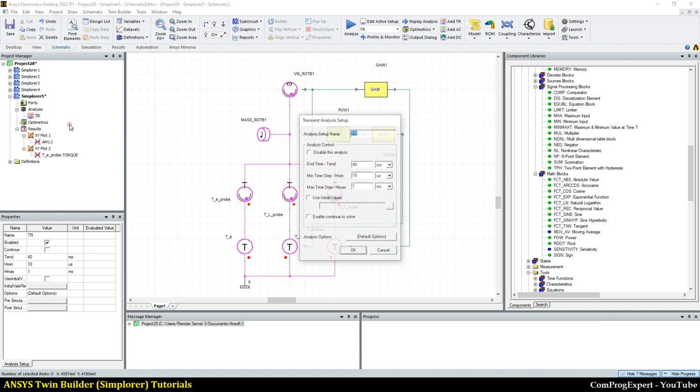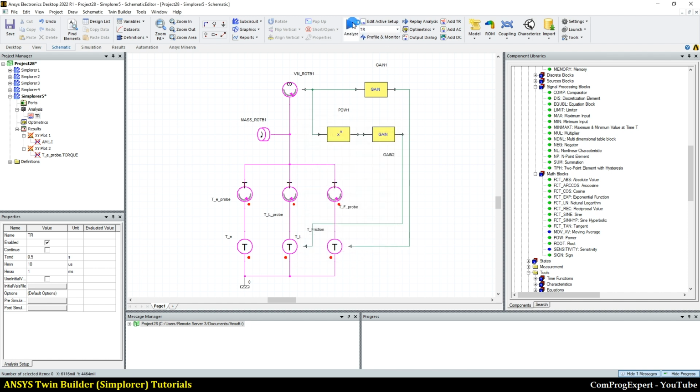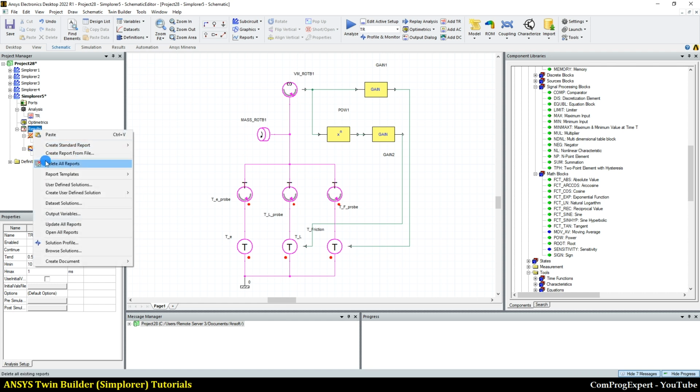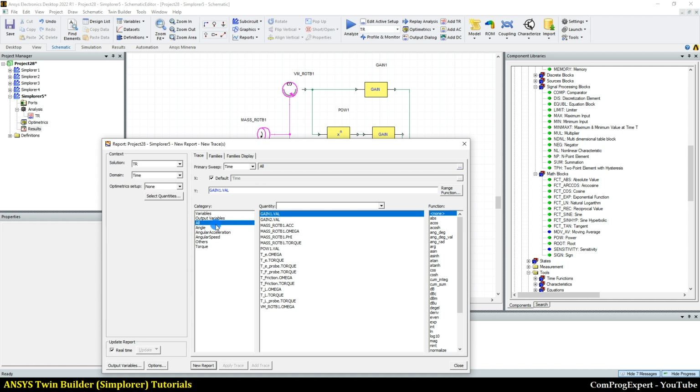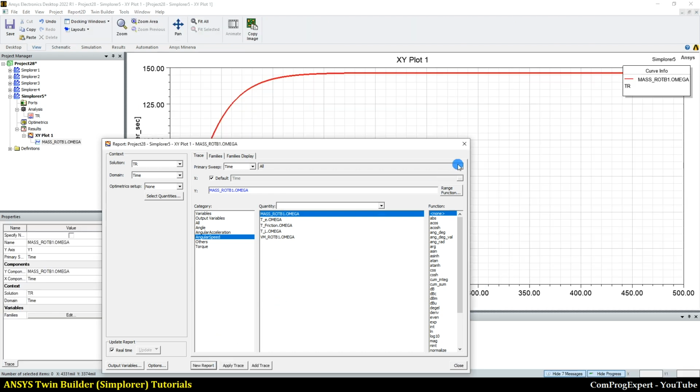So let's set the simulation time equal to 0.5 second and run this simulation. So delete all previous results. Where is the angular speed of the mass prob1 dot omega?